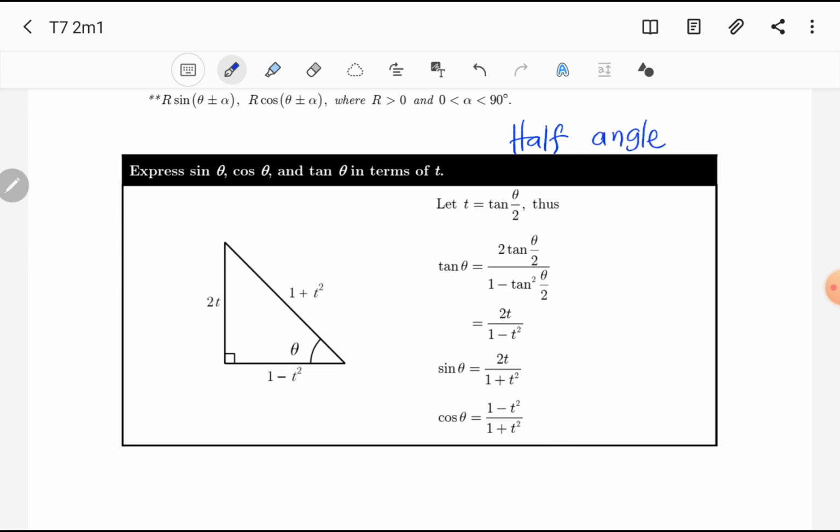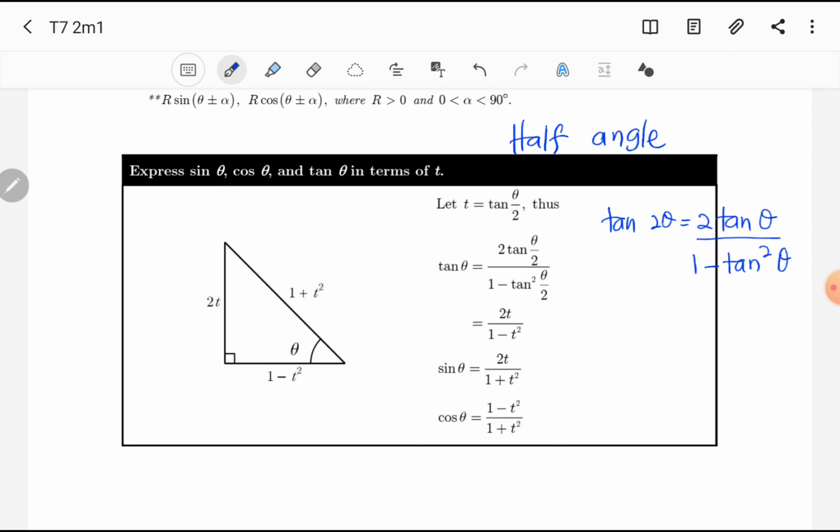For half angle, we know that we have tangent 2 theta equals 2 tangent theta over 1 minus tangent square theta. So we let t equal to tangent theta over 2.